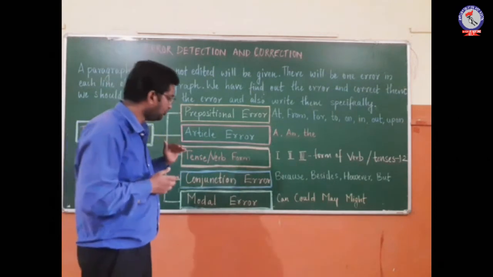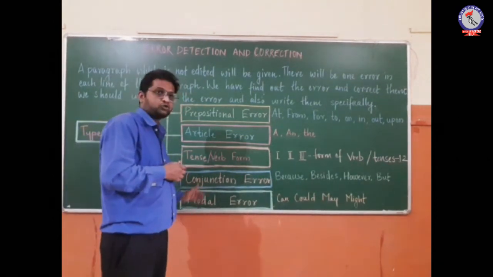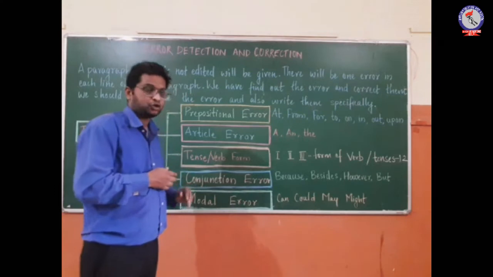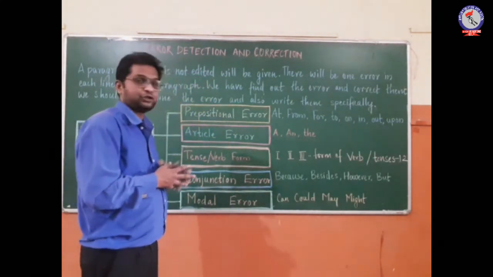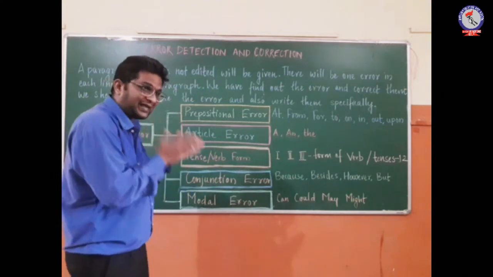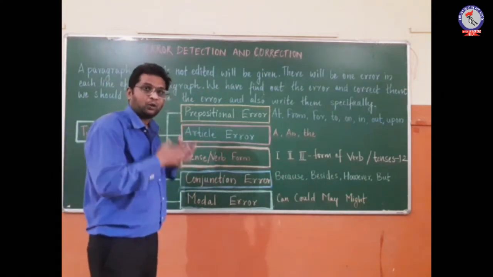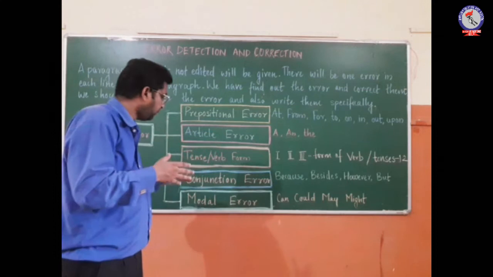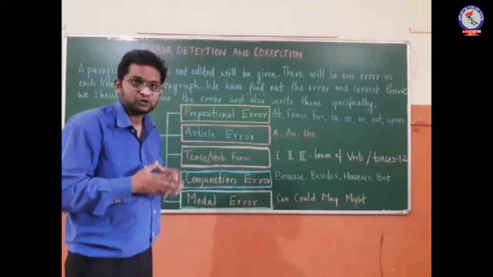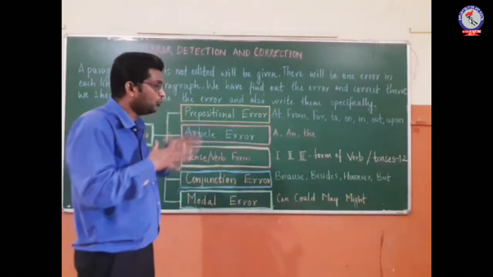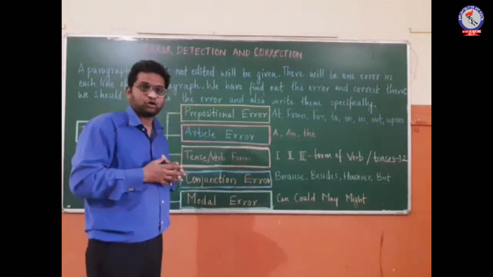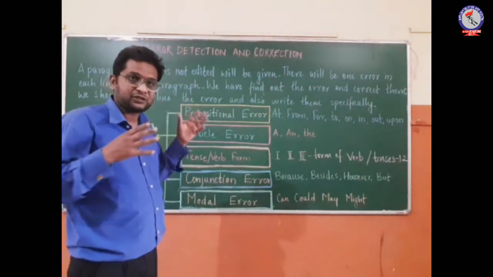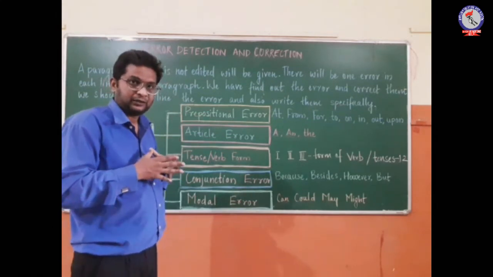So you have to identify those wrong modals used in each line or sentence, then replace the incorrect one with the correct form of modal. So this is how we are going to solve the error detection and correction exercise.